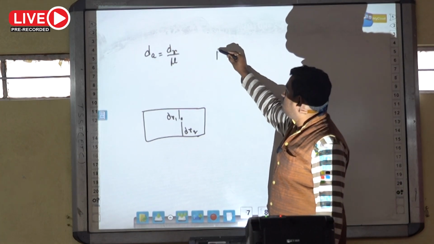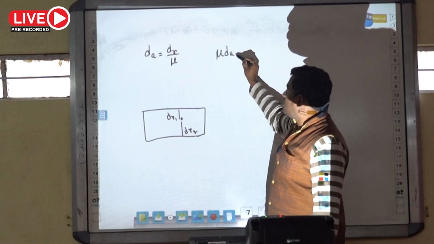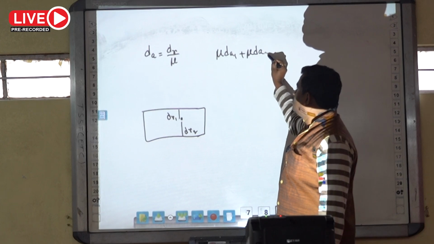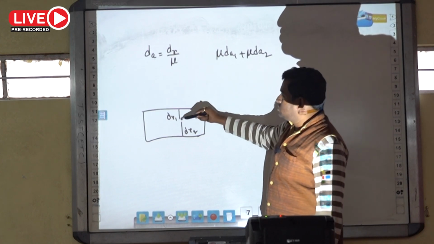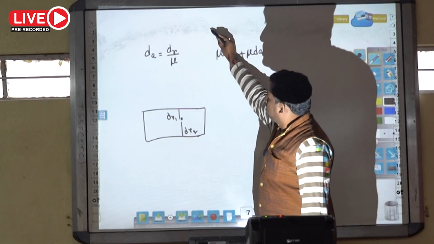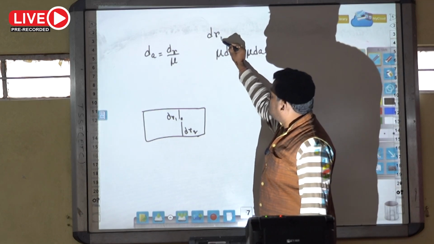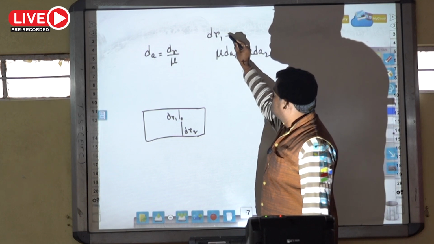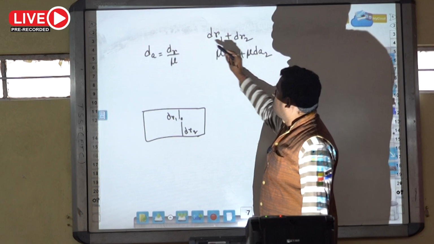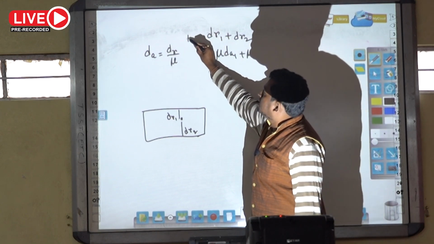So I can write mu into d apparent 1 plus mu into d apparent 2. That will be this real depth plus this real depth, that is dr1 plus dr2, which is equal to the total thickness of the slab.